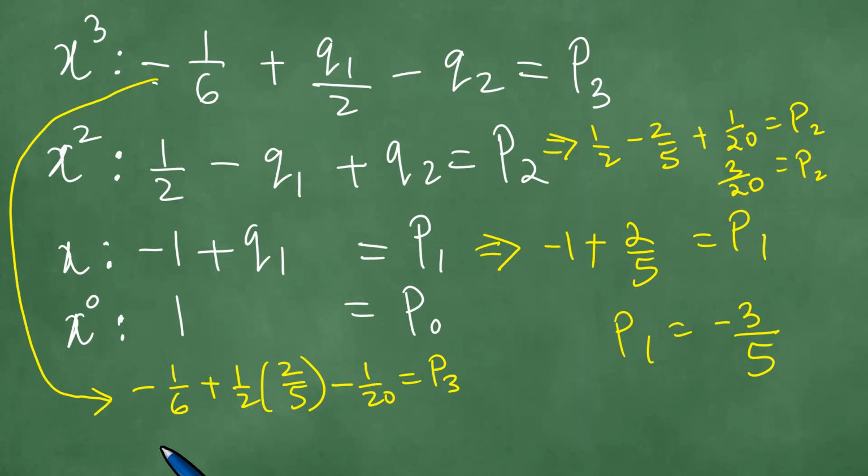Now let us 1/6 plus 1/2, yes, into Q1, which is 2/5 minus 1/20th, which is, so that means P3 is minus 1/60th.